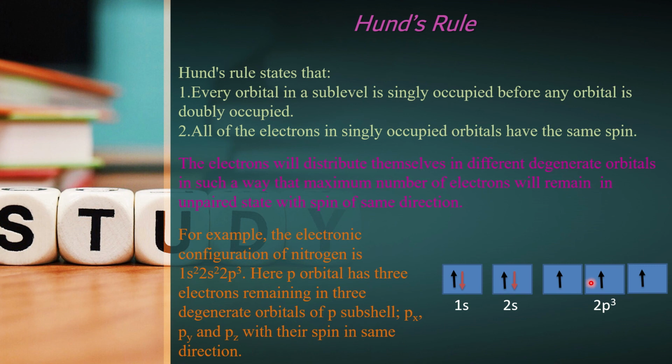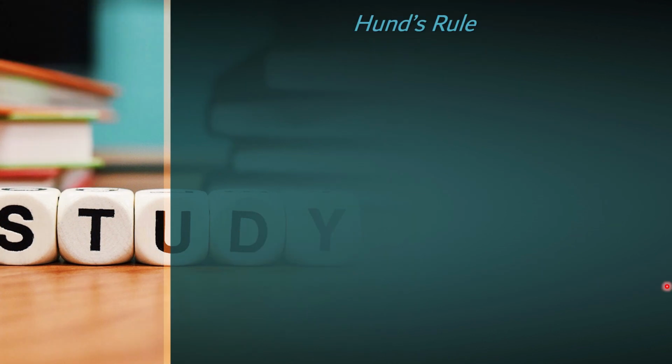At first 1 electron will go to every orbital. After going into every degenerate orbital, then an electron would go again to the px orbital, but it will not be px2 and py1; it is px1, py1 and pz1. This is Hund's rule. We will see some more examples.